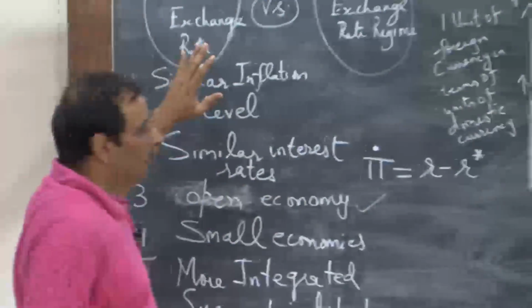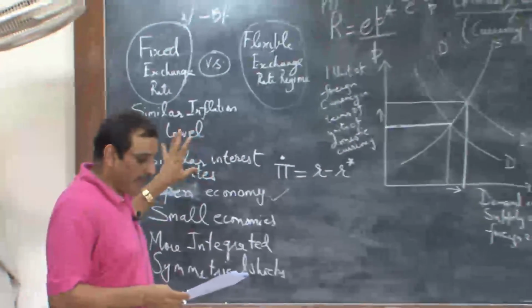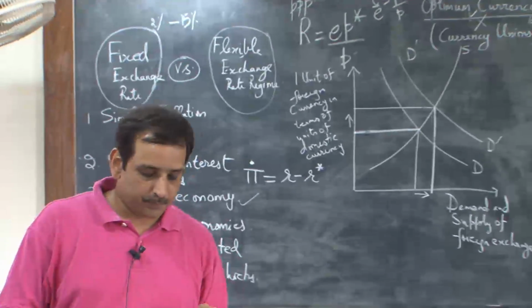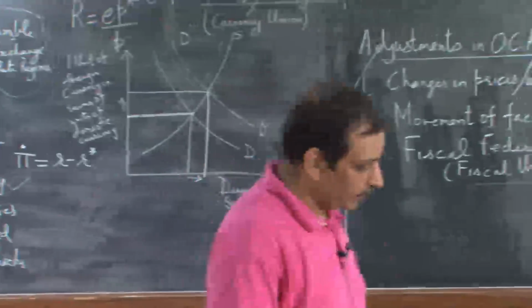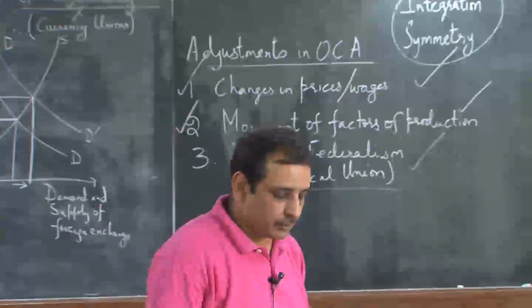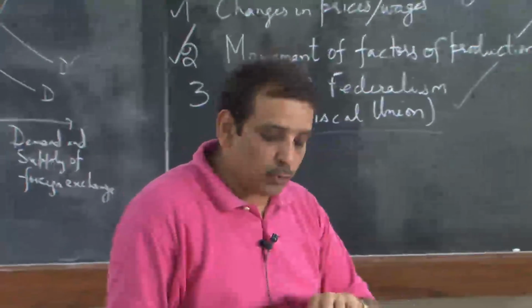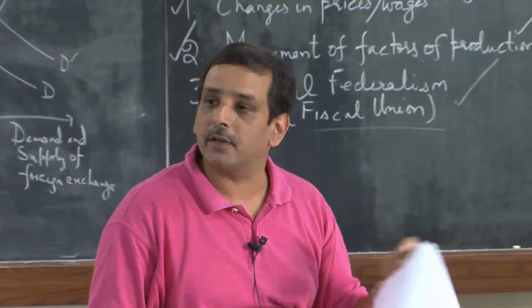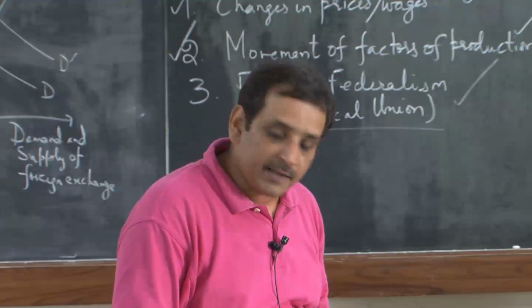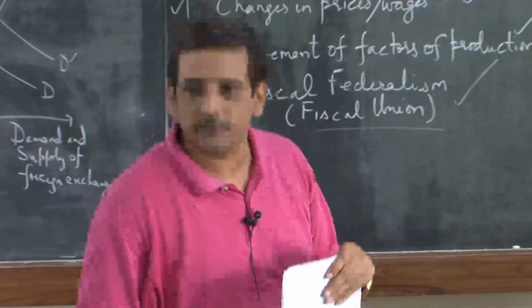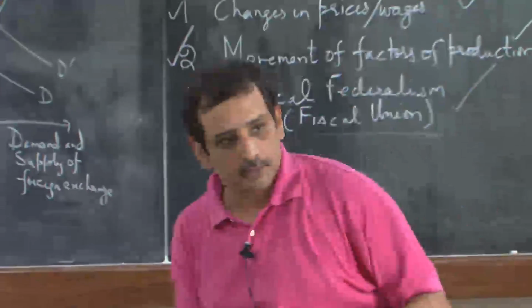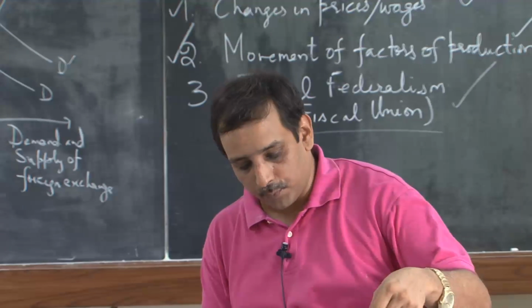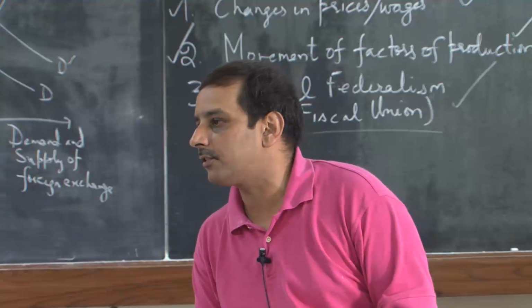Now, related to this is who can join this European Union. In 1991 there was a famous treaty which came into being called the Maastricht Treaty.